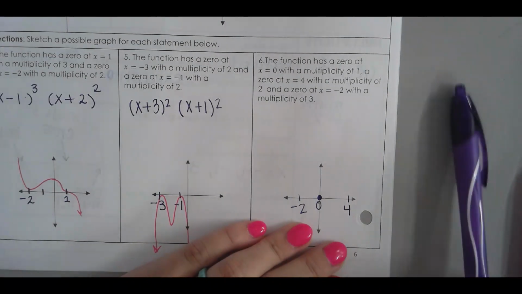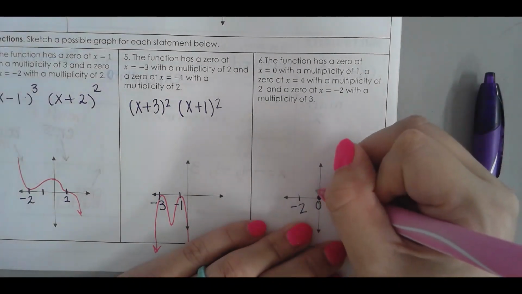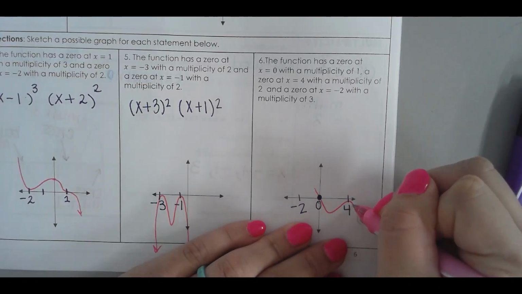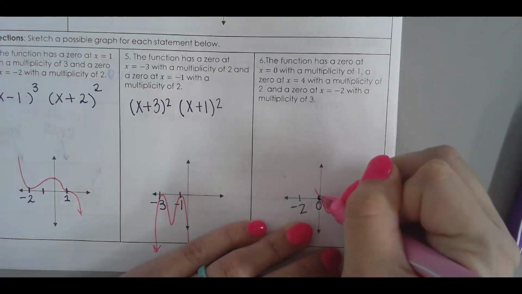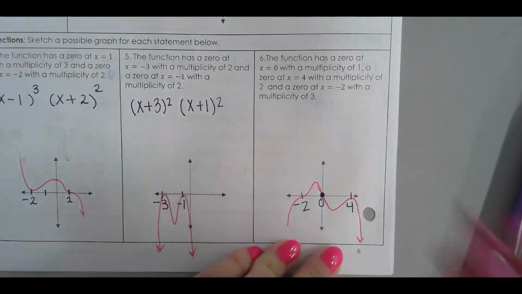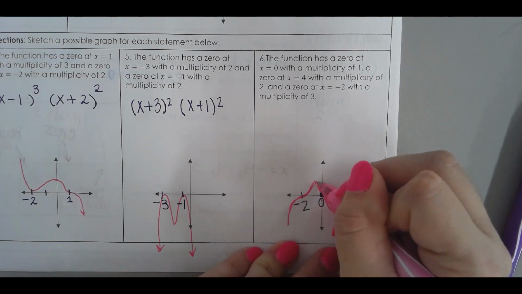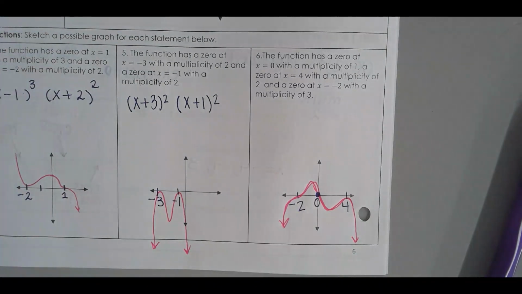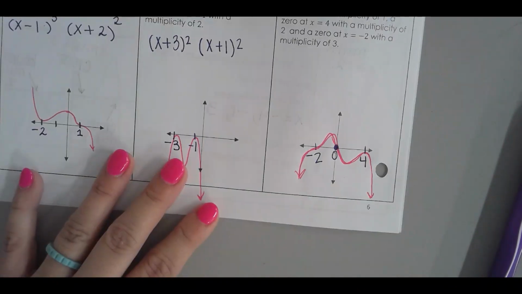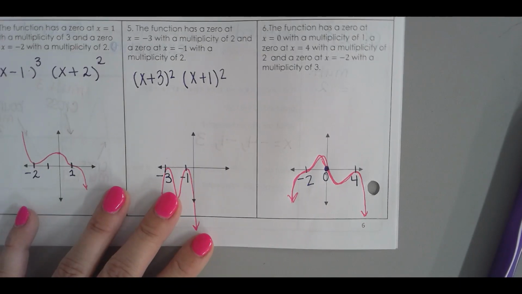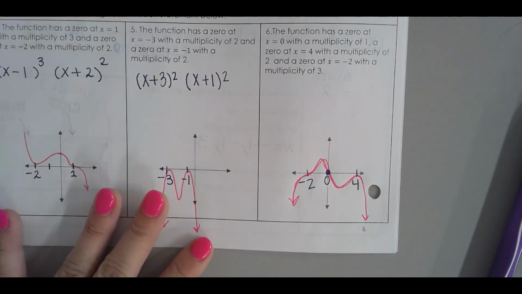Alright, so now it's going to cross through there. It's going to come back up here and bounce. That fits, I think. Crossed through at 0. Bounced at 4. Crossed through.